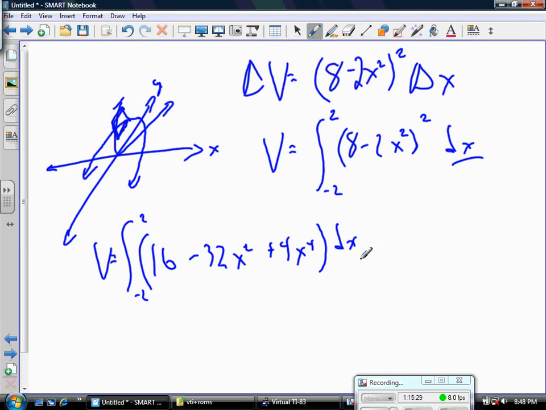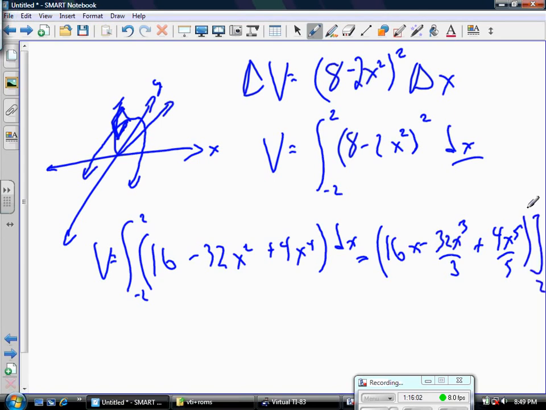So do so. What's the antiderivative? 16x minus 32x cubed over 3 plus 4x to the fifth over 5, evaluated from negative 2 to 2.